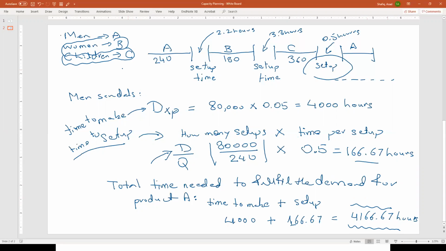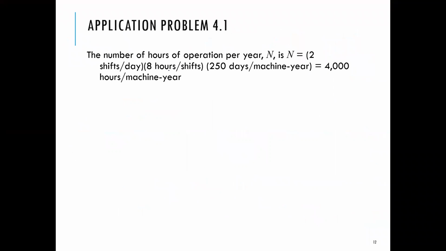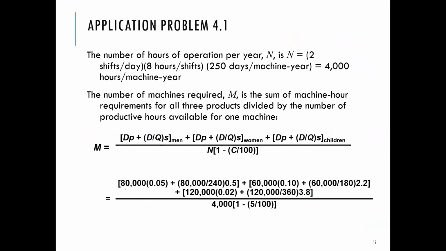And then we will just add all the times together, and that will give us the total time needed to fulfill the demand for A and B and C. That is essentially what we have done in the very next slide. So if I move on to the next slide, and I'm going to come back to this in a minute, that is exactly what is being done.